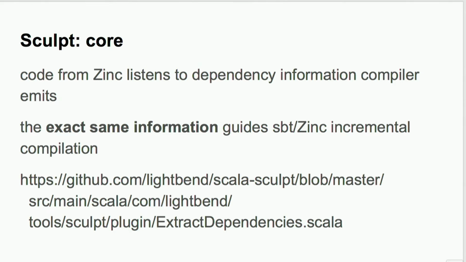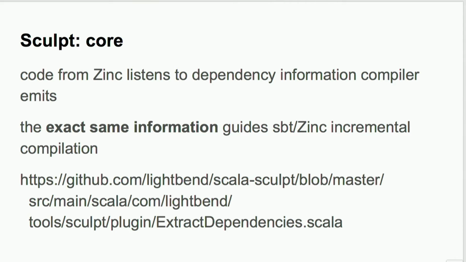This kernel that I mentioned, the piece of code that's the key to the whole thing, is actually code that we borrowed and adapted from Zinc. If you don't know what Zinc is, it's the incremental compiler component of SBT.